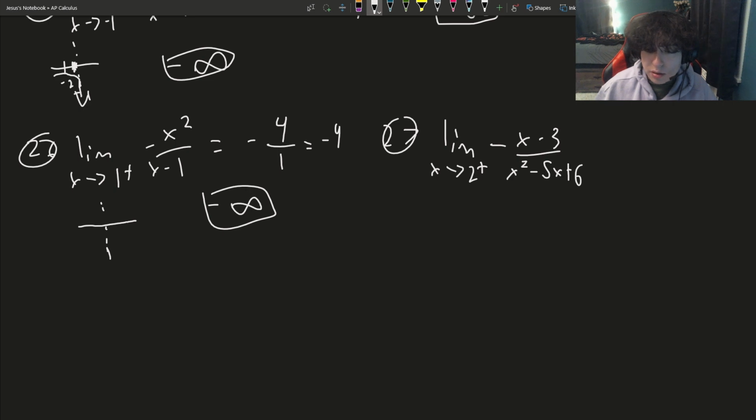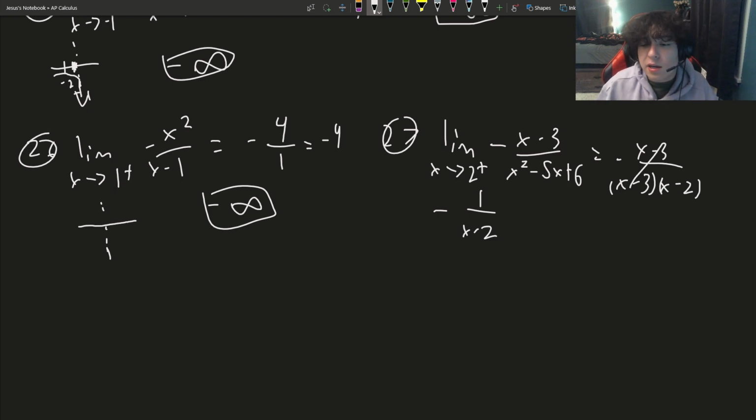You could factor it out. It would help, so let's just factor this out. Then you have x minus 3 and x minus 2. And these cancel, that means you have negative 1 over x minus 2. But you can't plug in 2.